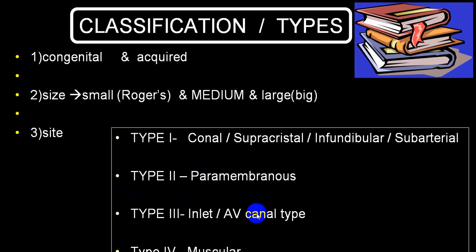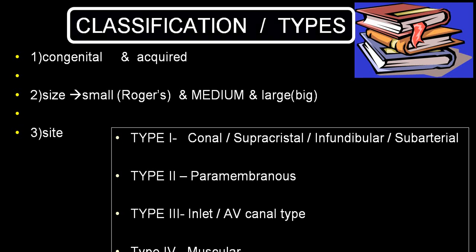Type 3 is the inlet or AV canal defects. And type 4 is the muscular variety. So these are the 4 groups depending upon the site. Depending upon the size: small, Rogers, medium and large. And according to etiology, congenital and acquired.